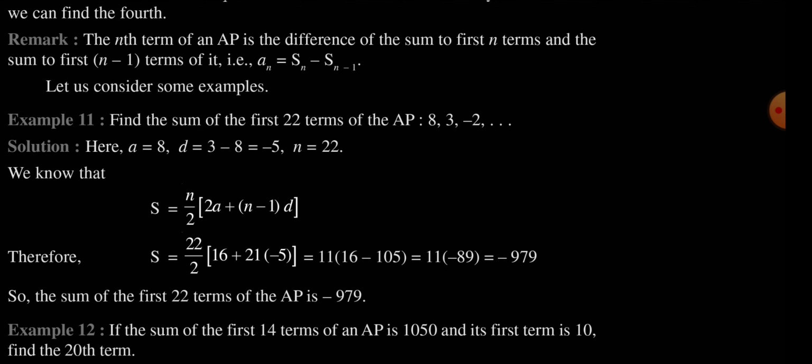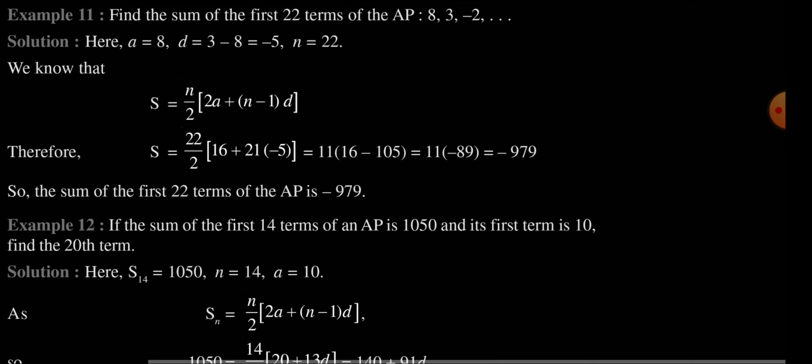Let us consider some examples. Find the sum of the first 22 terms of the AP 8, 3, minus 2, and so on. Solution. Here a is equal to 8, the common difference is 3 minus 8 is equal to minus 5, and n is equal to 22.